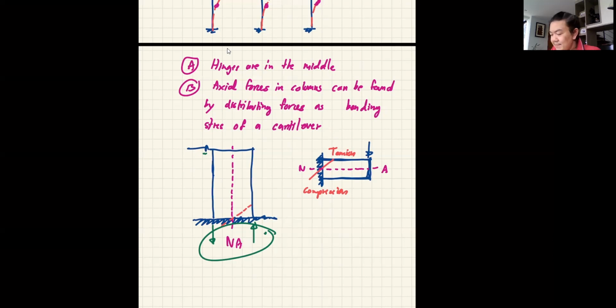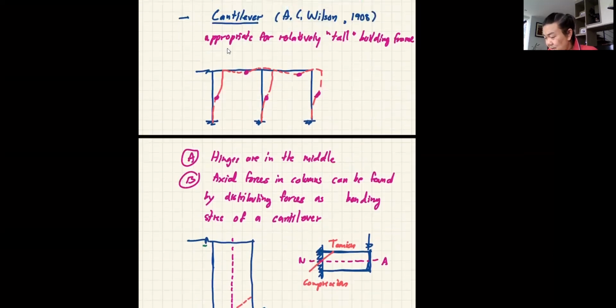So with that idea, we can use the proportion to calculate the force in each column. So let's say if this frame is symmetric, and say that becomes a neutral axis, the force in the middle column now becomes 0.